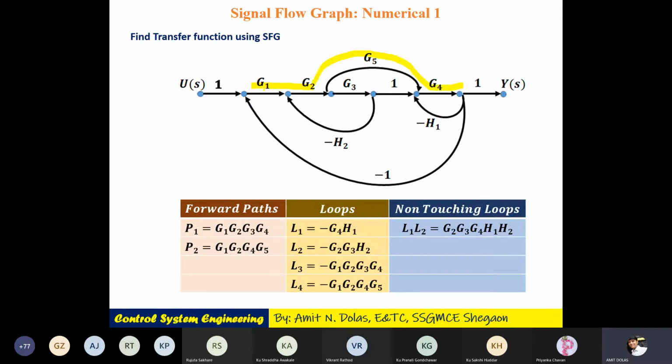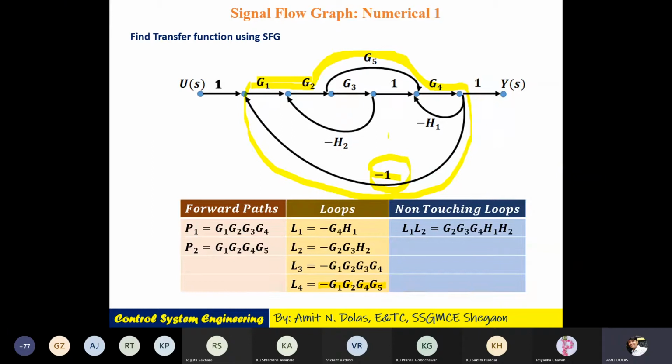If the sequence is maintained, it is G1, G2, G5, G4, and from G4 it goes back again to G1 with minus 1 gain. I have changed the sequence, no worry about that. It is a minus sign due to this minus 1, and then I have G1, G2, G4, G5. I wrote the sequence as G4, G5, no worry about that.